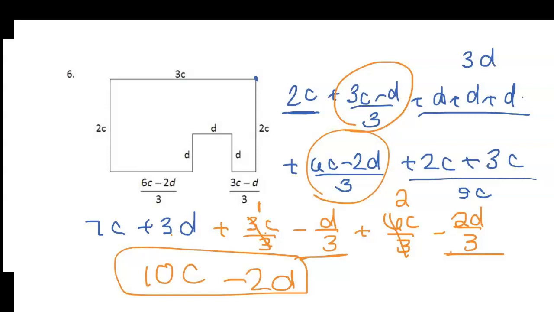So 3 over 3 is 1. 6 over 3 is 2. So this becomes 1c plus 2c, which is 3. Add that to 7, and you get 10. Negative 1/3 and negative 2/3 is kind of like negative 1 because you got a negative whole. So 3d minus 1d is 2d.